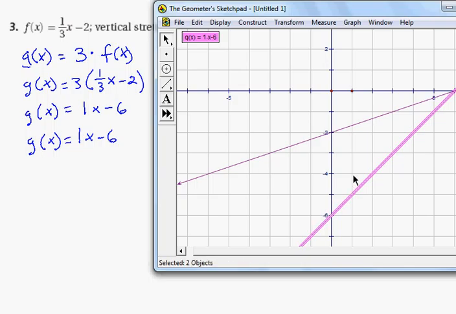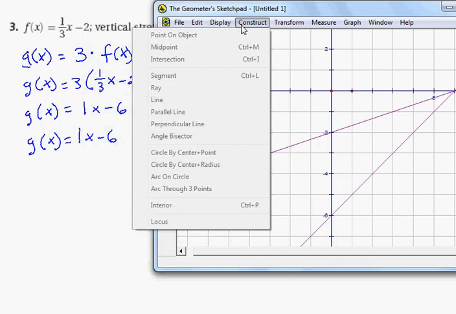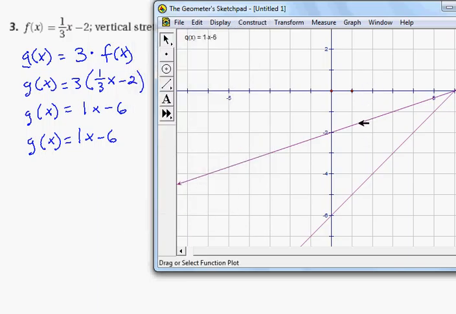Alright, now what's interesting to note is if we were to take a point. First we need to construct the point on function plot. And we go ahead and move that to a position, actually, let's take it right up here.